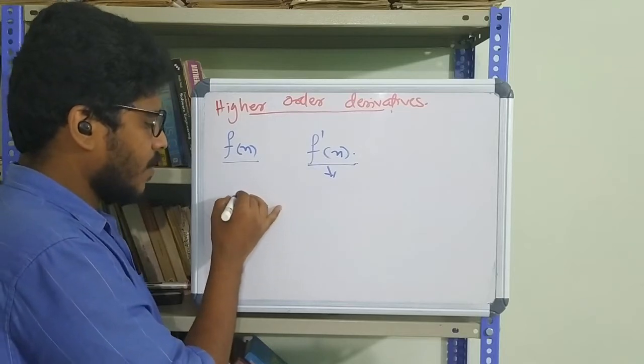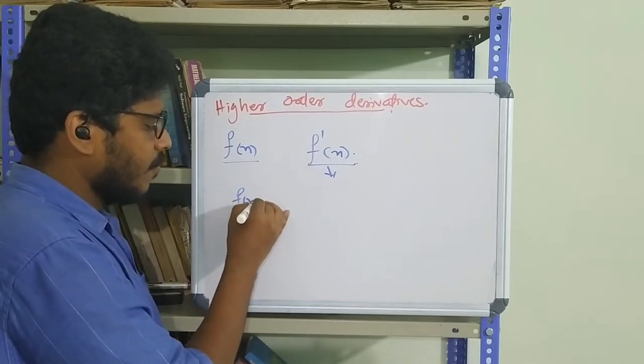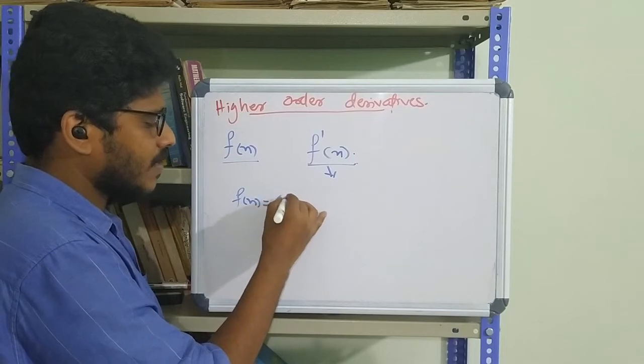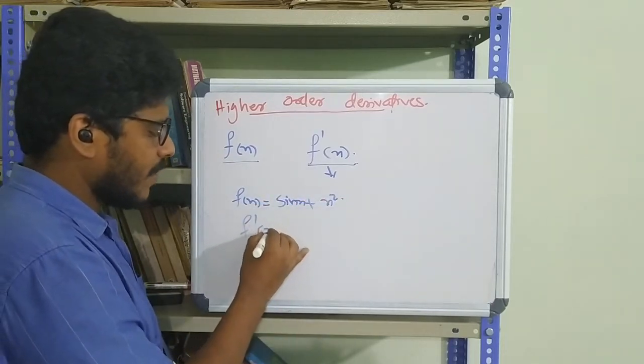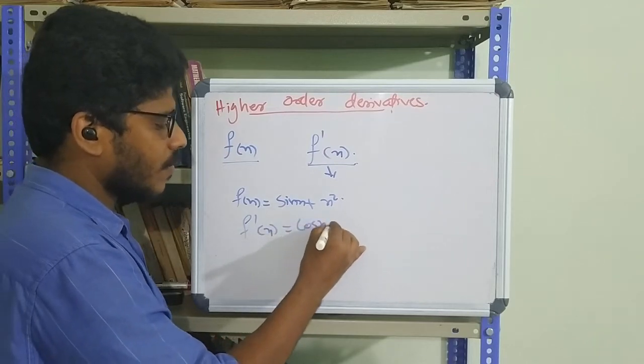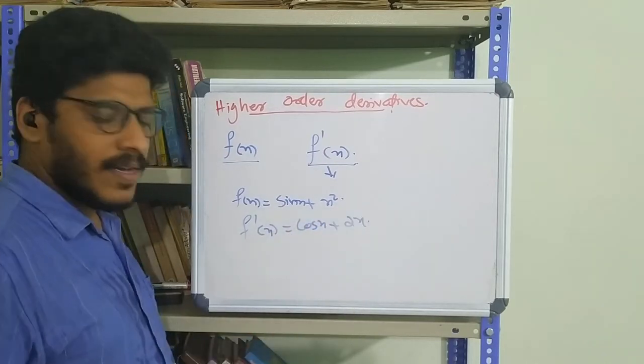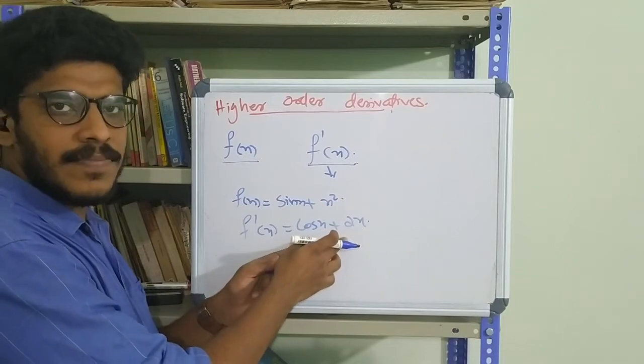As in the case, if we have say f of x equal to sin x plus x square, then the derivative f dash of x is cos x plus 2x. Again, this is a function of x.